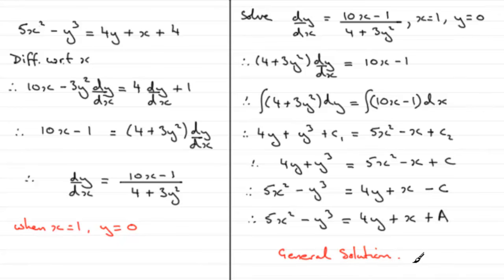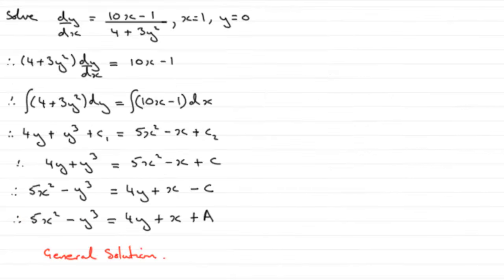So carry on down to here, get our general solution. Now we need to work out what this constant of integration is, the value a. So we'll just move this over. Now, can you see that what we'll do is we'll substitute x equals 1, y equals 0 into this equation here.